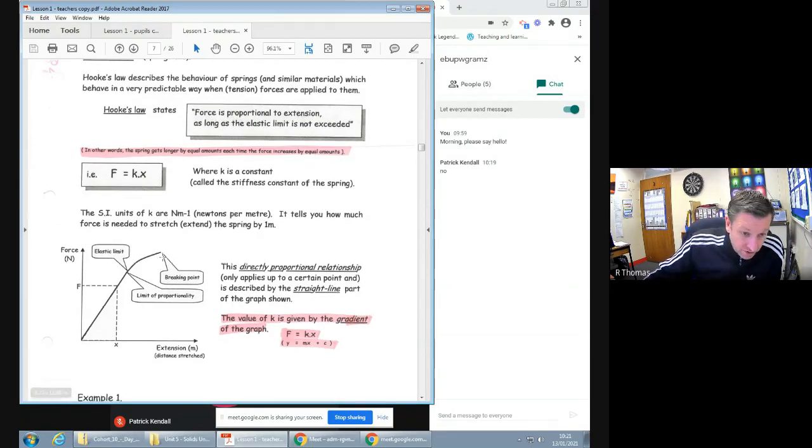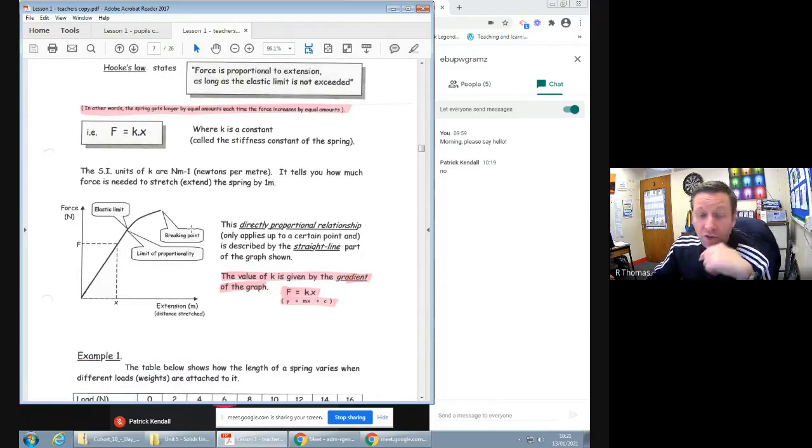Graphically, it's pretty much represented very crudely like this. Because it's a proportional relationship to start with, it's a straight line graph. Force goes up the y-axis, extension goes across the x-axis, and it's a straight line because it's proportional. But there will come a point called the limit of proportionality where that straight line ceases to exist and it then becomes a curve.